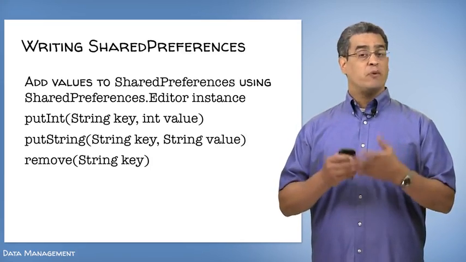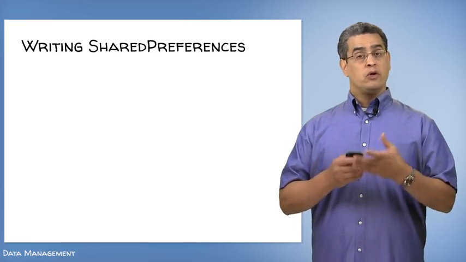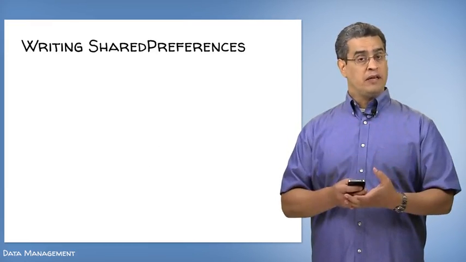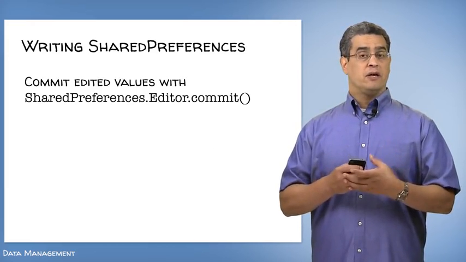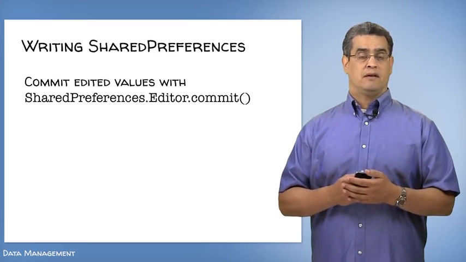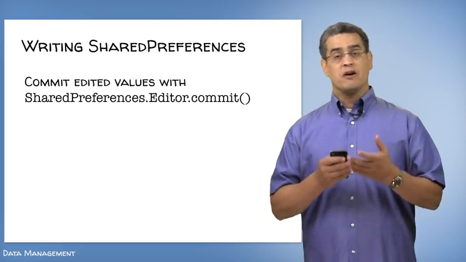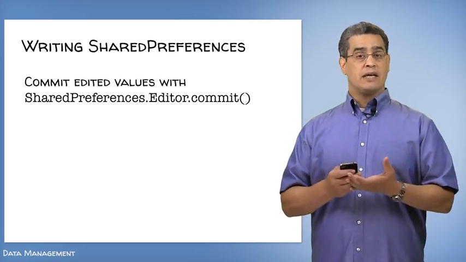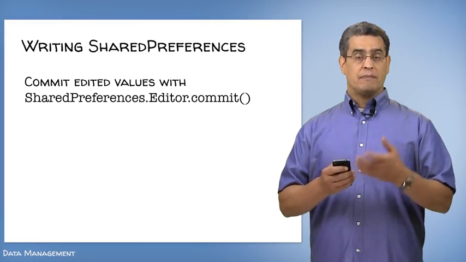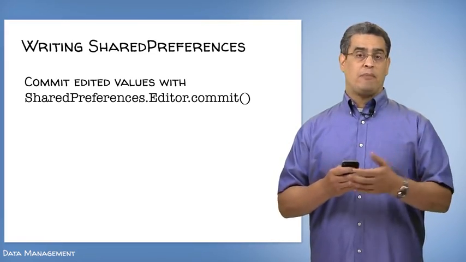And after you've made whatever changes you wanted to, you can then make those changes permanent by calling the sharedpreferences.editor.commit method. And at this point, the shared preferences object is saved, and applications can exit knowing that their data can be retrieved during later application sessions.